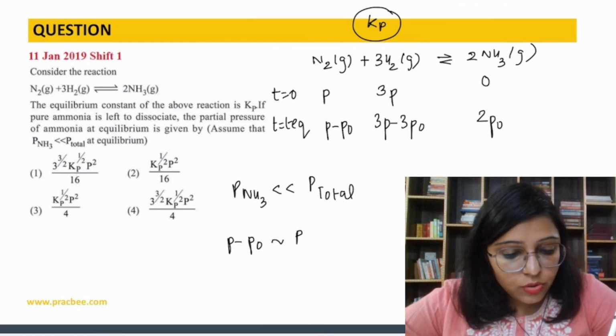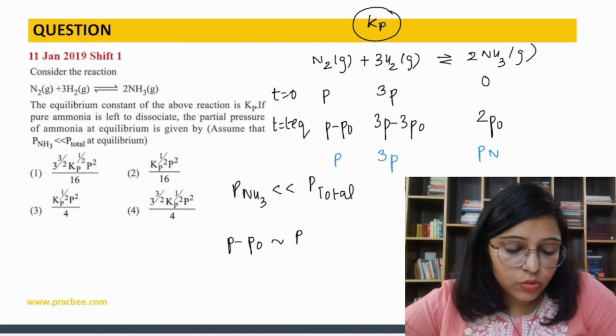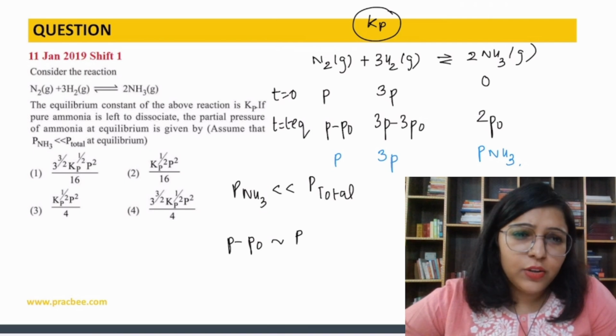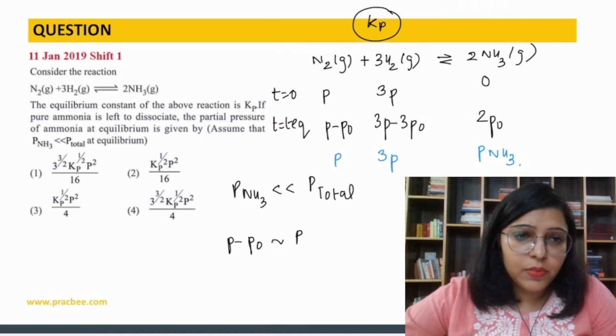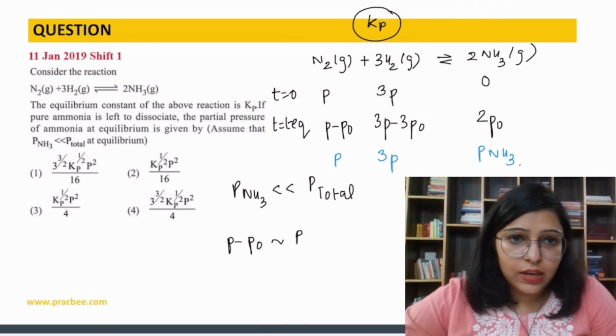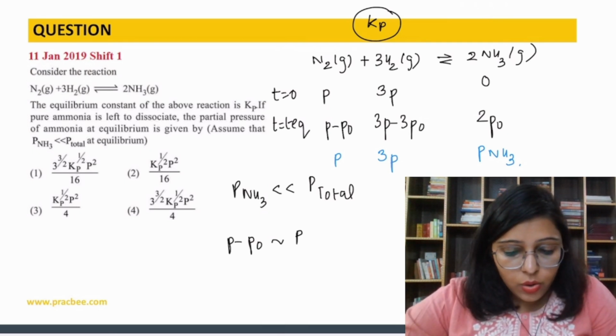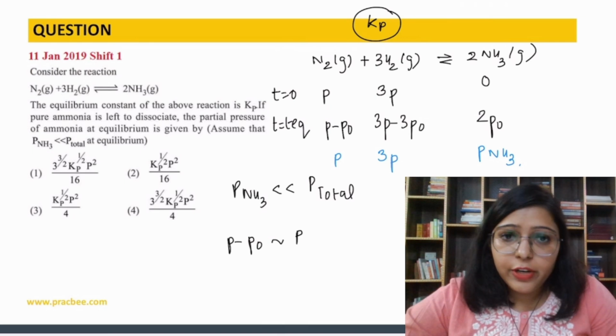So we can say nitrogen is P, hydrogen is 3P, and here we have the pressure of ammonia, whatever little amount of ammonia is prepared from this reaction, that is equal to the pressure of NH3. Now we have to find out Kp.